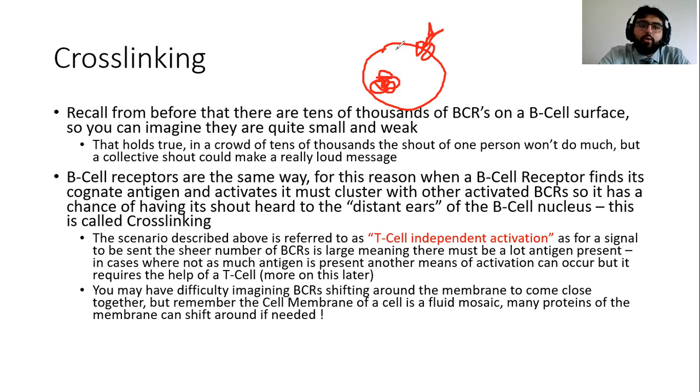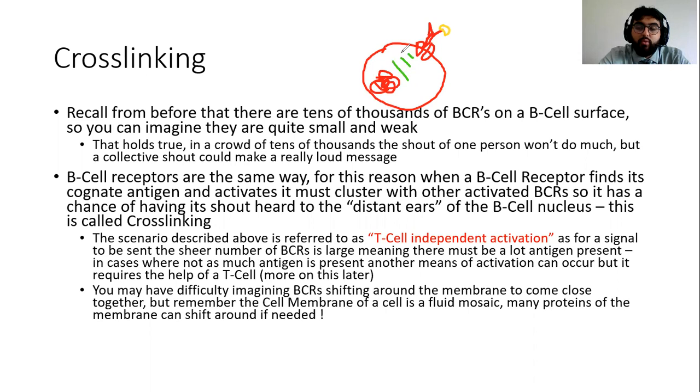And then you have your cognate antigen, right? This individual antibody is going to bind the antigen and have its Ig beta signal to the nucleus that, hey, I found something.